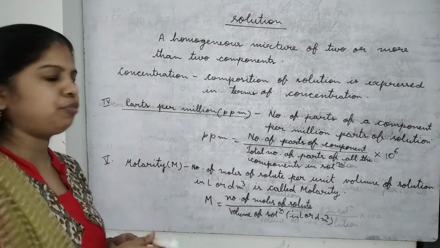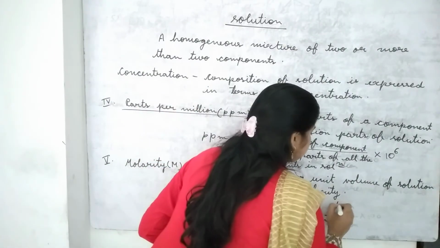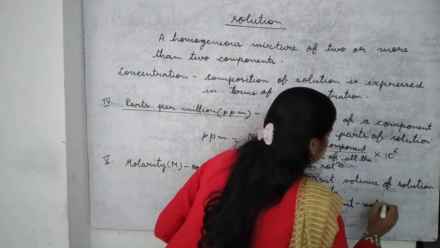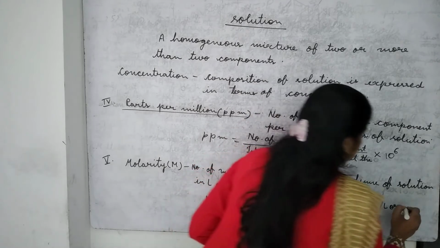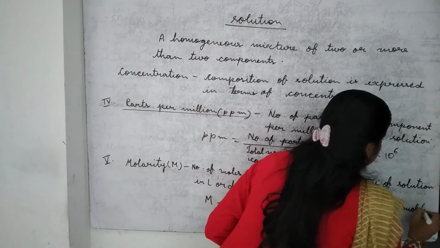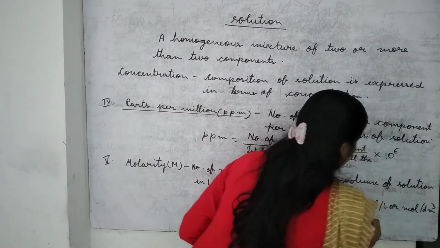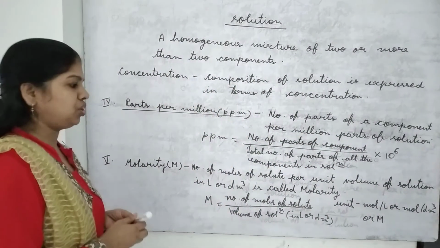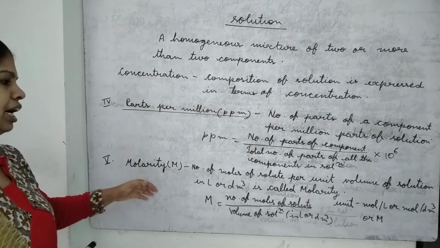According to the definition, its unit is either mole per liter or mole per cubic decimeter, or molar, capital M also. So these are the units of molarity.